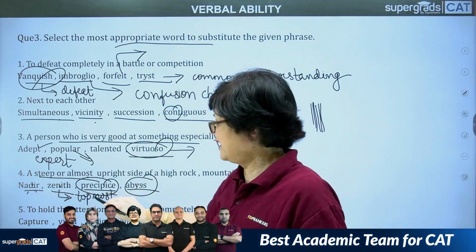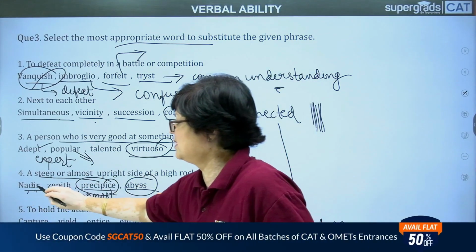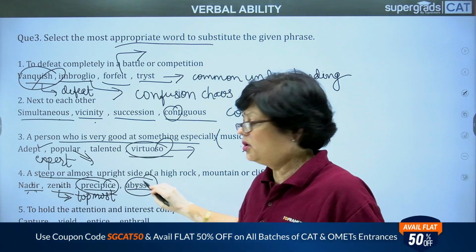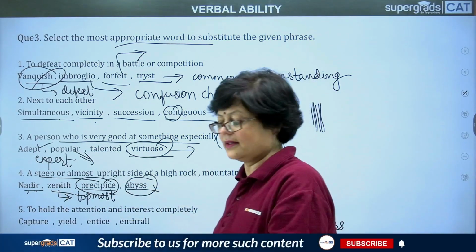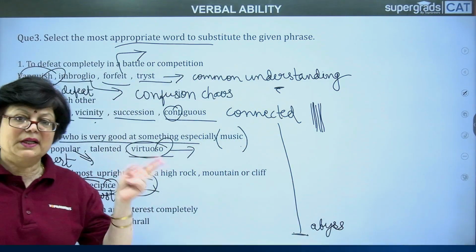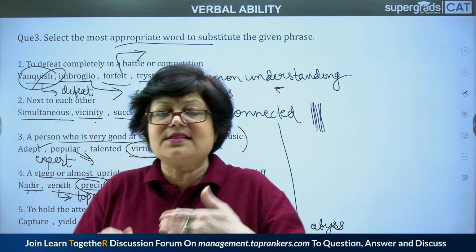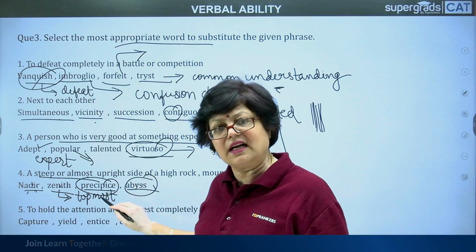So in this way, out of the four words, you are able to establish a connection between three words, right? So this word should be the correct answer. The reasoning which we have employed is that out of the given four words, three seem to be connected. So which word has a different meaning? Precipice. This is the correct answer.